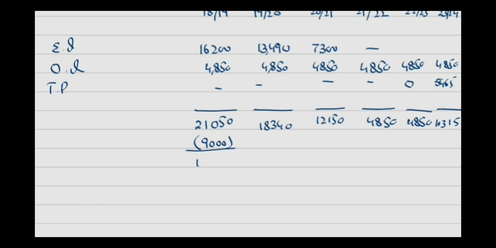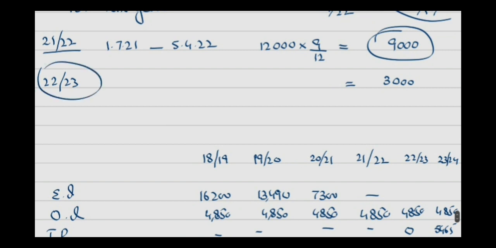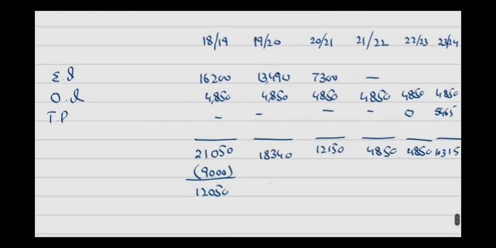So remaining income will be 12,050, and the remaining 3,000 loss relates to the tax year 22-23. If we carry it back for 3 years, the year against which the loss can be set off is 19-20. So 3,000 of loss will be set off against this year, so this year income would be 15,340.